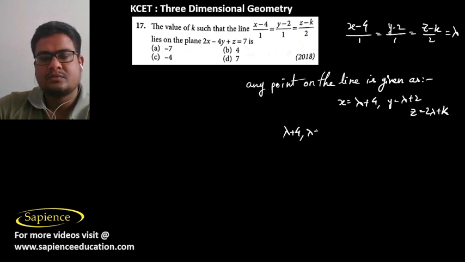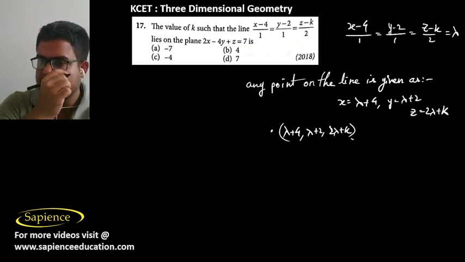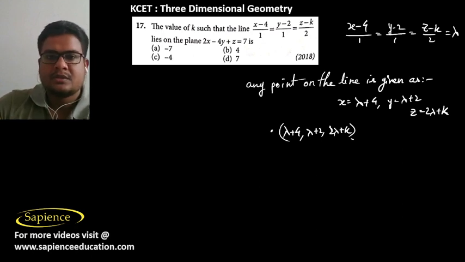Lambda plus 4 comma lambda plus 2 comma 2 lambda plus k. So it is the coordinates of any point on the line. So it should lie on the plane. So it means that it should satisfy the equation of the plane.